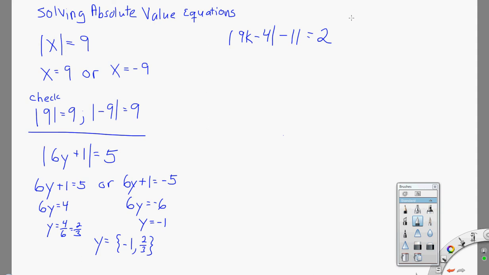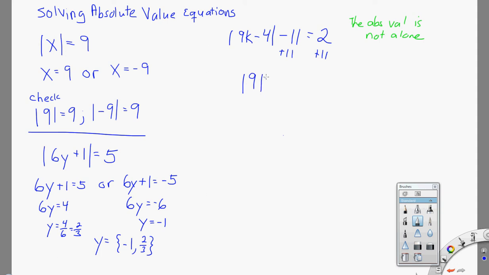So the absolute value is not alone. So what we have to do is add 11.